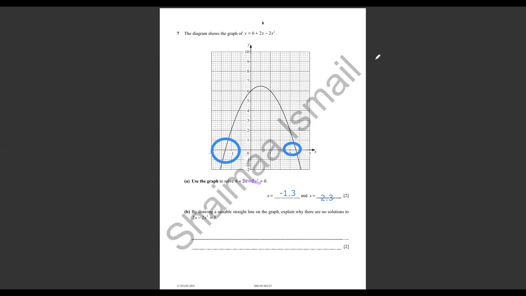If we figure it out, we can replace 2x minus 2x squared with 3, so y equals 6 plus 3, which equals 9. And on the graph, there is no solution for y equals 9. This is clear, there is no solution on the graph.